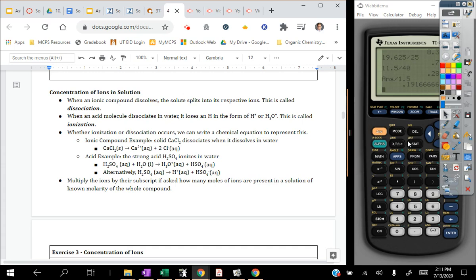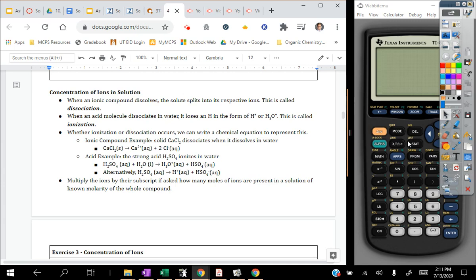This does have to stay balanced and respect the overall number of moles of atoms in the solution. There is 1 mole of calcium and 2 moles of chlorine for every mole of calcium chloride. Therefore, the coefficient in front of Ca2 plus is a 1, and the coefficient in front of Cl minus is a 2.